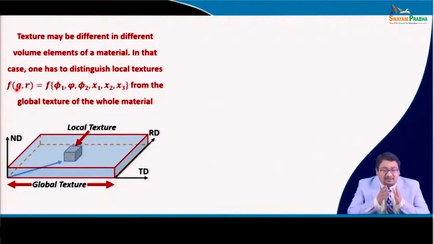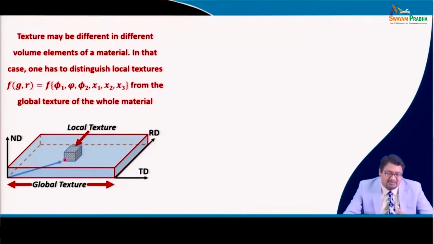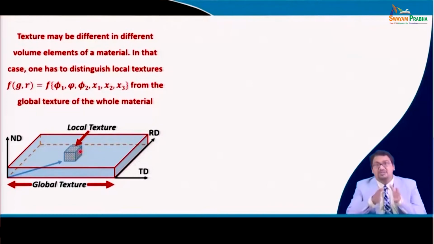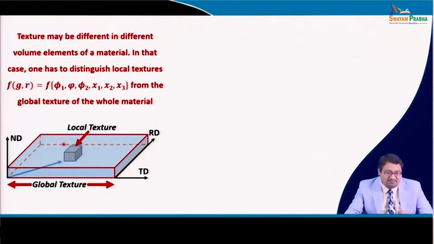So, the orientation location space is F as a function of g and r, where g is related to phi 1, phi, phi 2 and r is related to x 1, x 2 and x 3, and is basically related to obtaining the local texture, because such kind of information can be obtained only from a very small space. And using an FIB one can go below the surface and obtain the information from a small volume of the material.